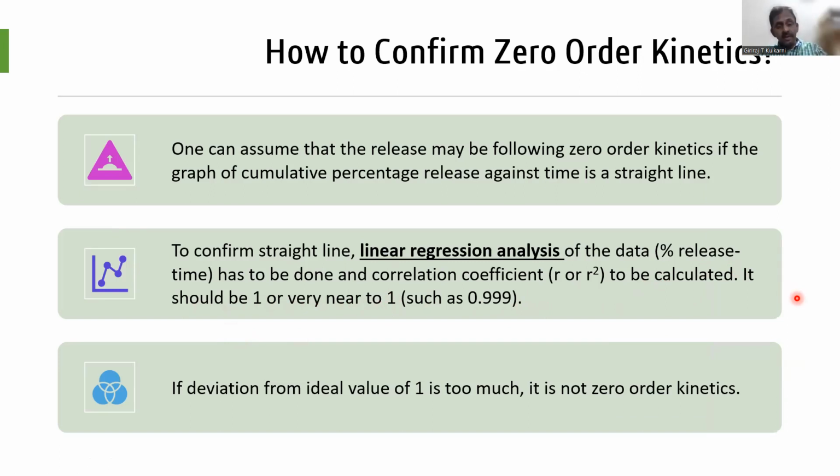If the deviation from 1 is too much, then the data does not fit zero order kinetics. So here, percentage release against time data is taken, regression analysis is done, and the R or R square value is found out.